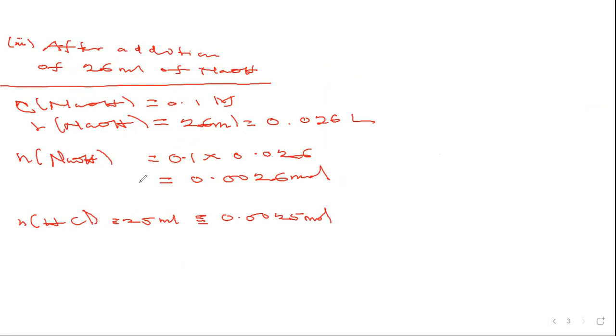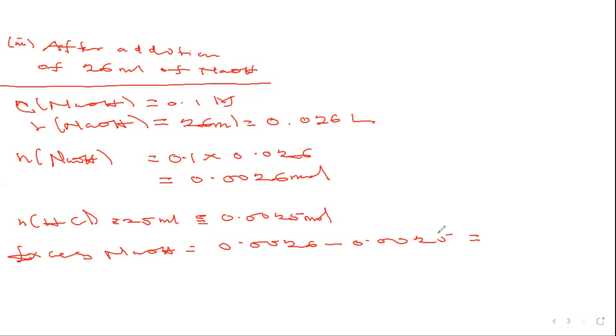But this time around, we are adding 26 mils of the base. So you can see that the mole of the base here is more than the mole of the acid here. It means that the acid, once the ratio is 1:1, the acid will be finished up and the base will be in excess. So this time around, we find our excess mole of base, no more the acid. Excess mole of the base is going to give us 0.0026 moles minus 0.0025.